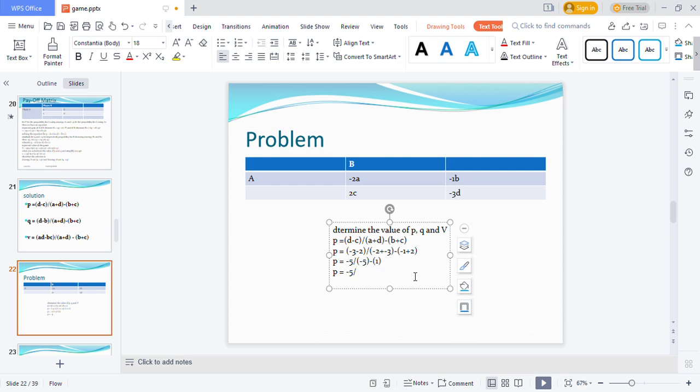Negative 5 minus 1, you get negative 6. So simplify. So P equals to 5 over 6. P, we already have the solution.